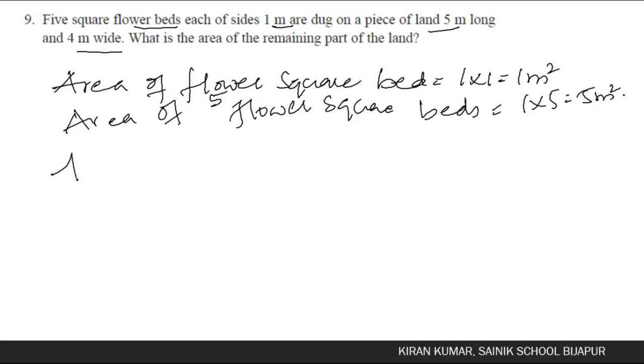What's the area of the land? Here the area of land is 5 times 4, which is 20 meters square. Now we can find the remaining part of the land.